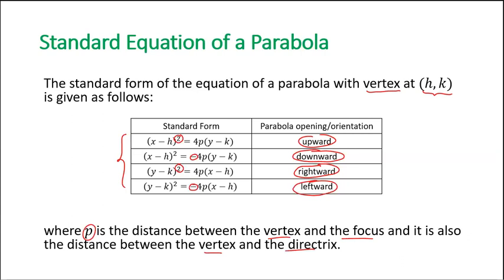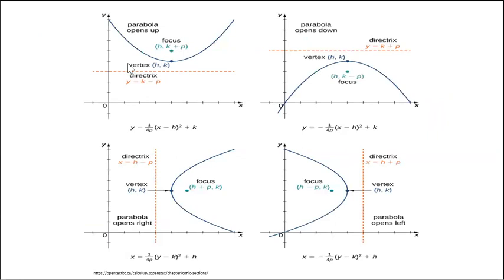Now, to illustrate this using a graph, we have the following. If the parabola opens upward, then the vertex is the lowest point of the parabola. The focus is located above the vertex, while the directrix is located below the vertex.